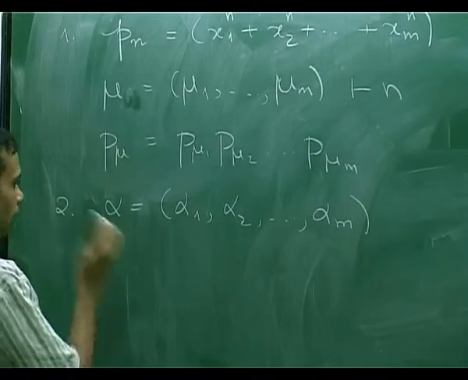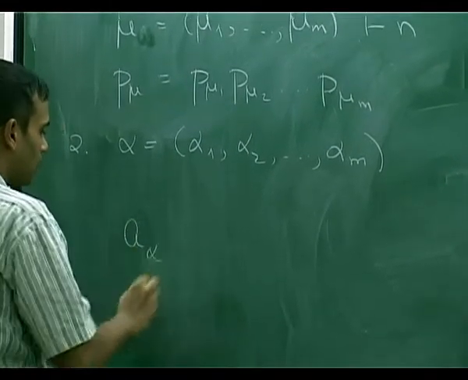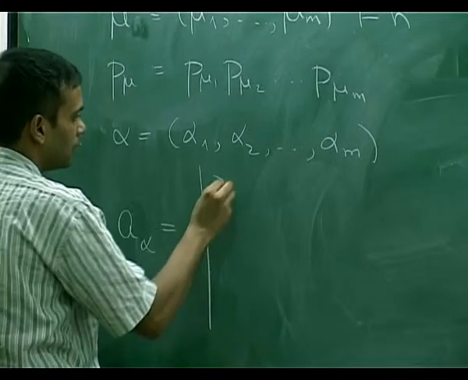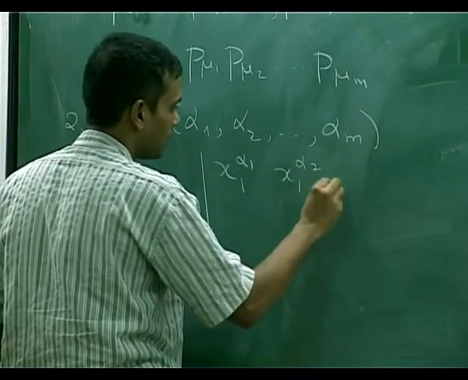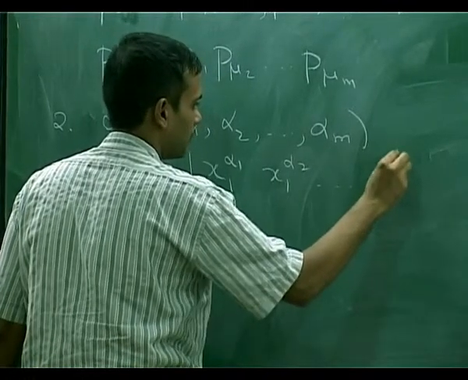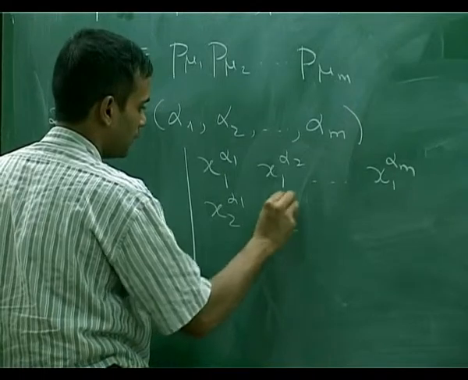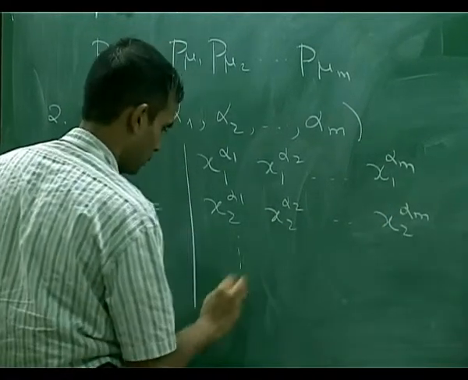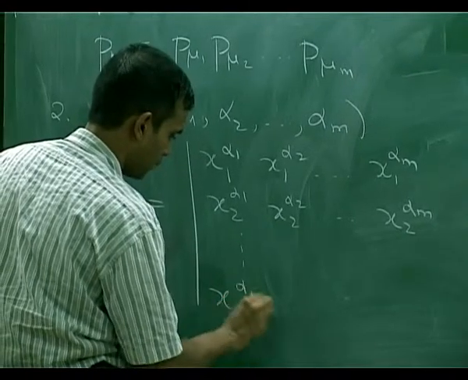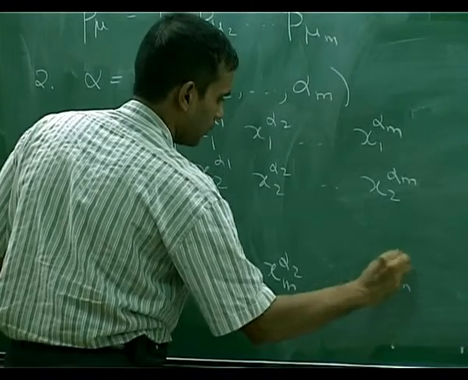Then you can define a determinant A_α as the matrix with rows x1^α1, x1^α2, ..., x1^αm; x2^α1, x2^α2, ...; down to xm^α1, xm^α2, ..., xm^αm.